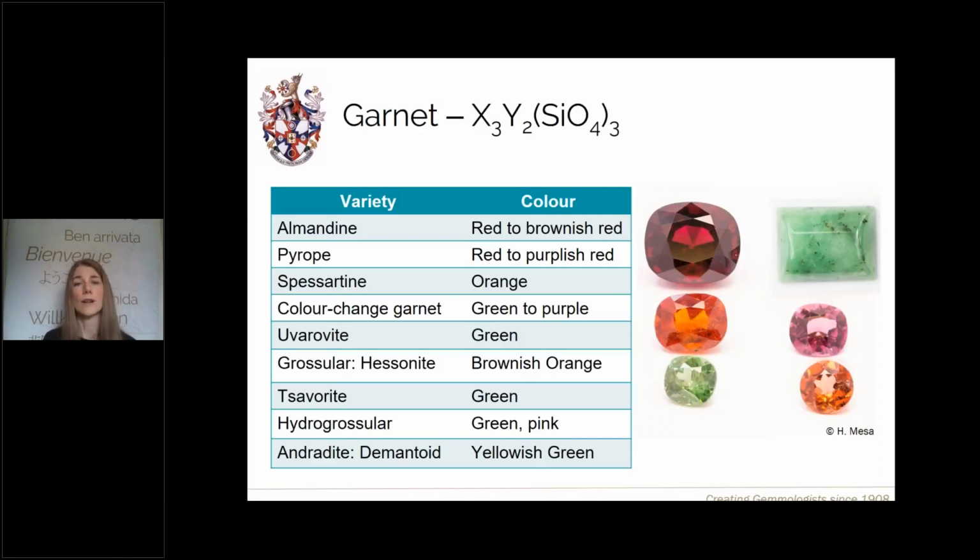Listed here are some end members or other varieties of these 2 series, and I'll go into them in a bit more detail in the next slide, but I just wanted you to see this list and a nice variety of colors here, and to see some different names so that you might recognize maybe an almandine garnet or a hessonite or a tsavorite garnet. You may have heard of these, and I'll show you images of them in a moment.